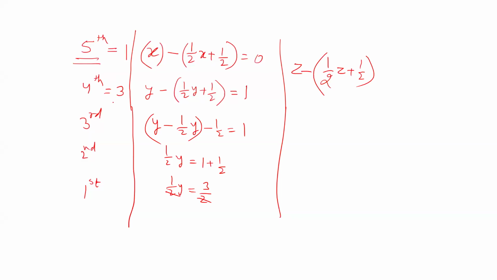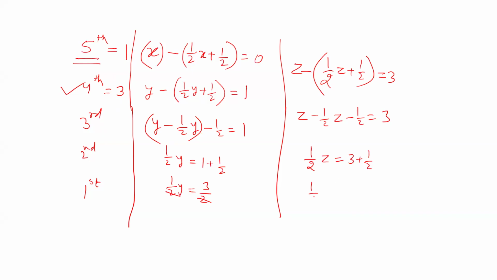And after that, the number of apples left with him was 3, because before the fourth customer visited, he had 3 apples. So after the third customer visited him, he had 3 apples left. So Z minus 1 by 2 Z minus 1 by 2 is equal to 3. Z minus half Z is half Z, and 3 plus 1 by 2.